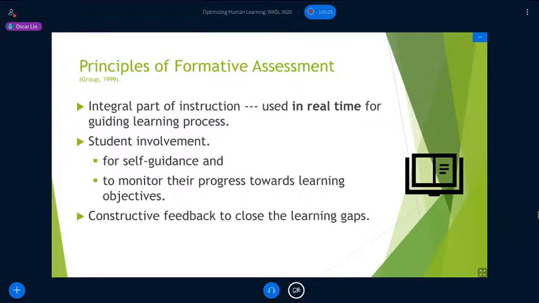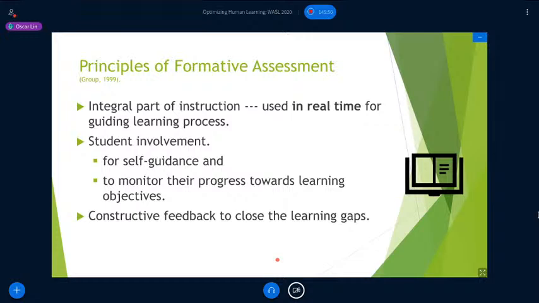There are three principles of formative assessment. First, formative assessment should be viewed as an integral part of instruction, usually in real time for guiding the learning process.